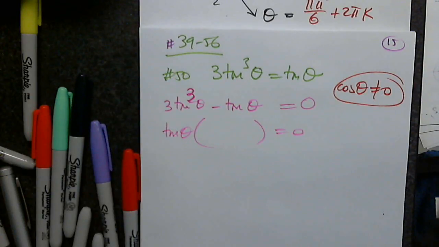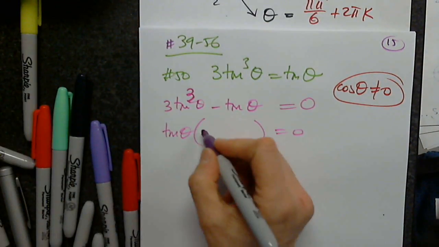Remember, at some point in time, we wrote in our notes, never divide both sides of an equation by something that has the variable in it. Somewhere in our notes from a long time ago. So, what now? What is left in parentheses? 3 tangent theta minus 1. Yes, minus 1, correct? Awesome.